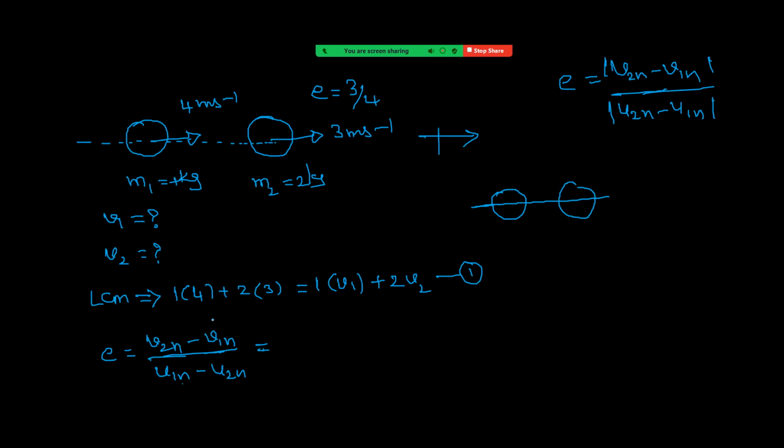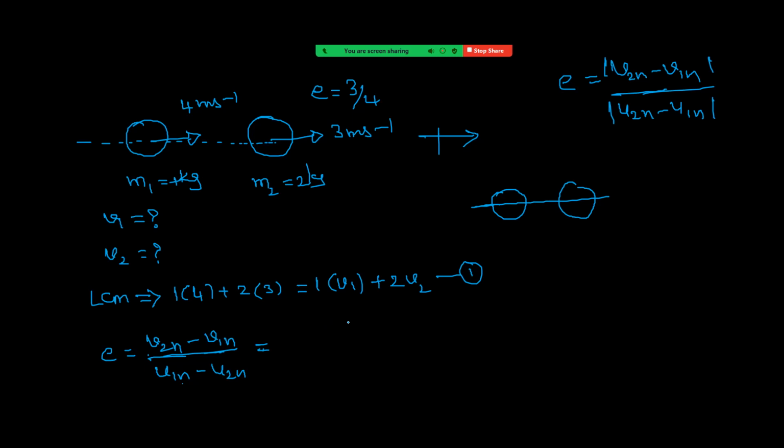We have to focus on this mainly when we solve oblique collisions. That means here U1, U2 are nothing but U1n, U2n, and in the same way V2, V1 are nothing but V2n and V1n.